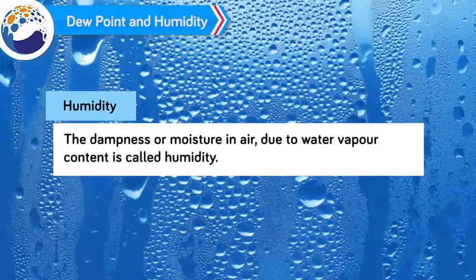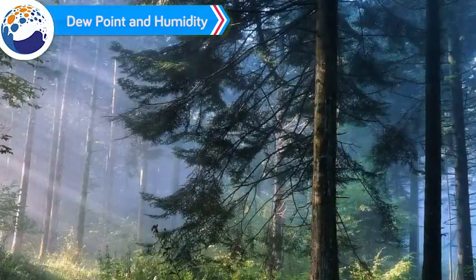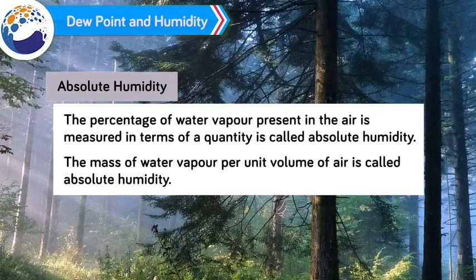The dampness or moisture in air due to water vapor content is called humidity. Absolute humidity. The amount of water vapor present in the air, if measured in terms of quantity, is called absolute humidity. The mass of water vapor per unit volume of air is called absolute humidity.